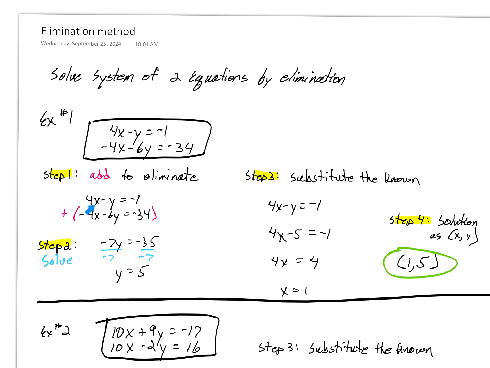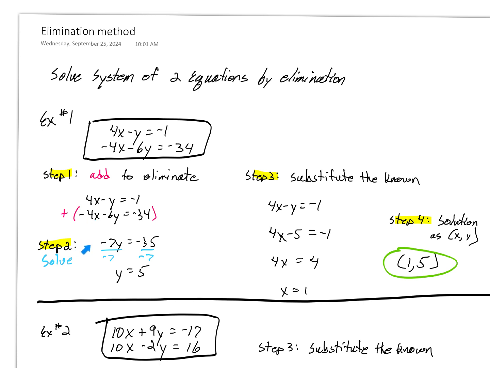So I rewrote the first equation, 4x minus y equals -1. Then I put a plus sign, and I'll put a parenthesis around the entire second equation, -4x minus 6y equals -34. All right, so this means we're going to have 4x plus -4x, or the same as 4x minus 4x. Well, when you go to solve that, then the x's just go away.